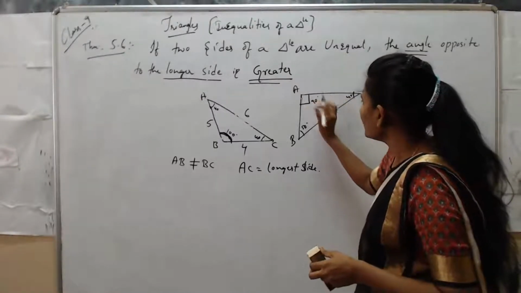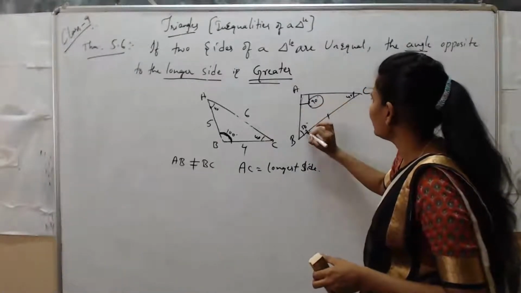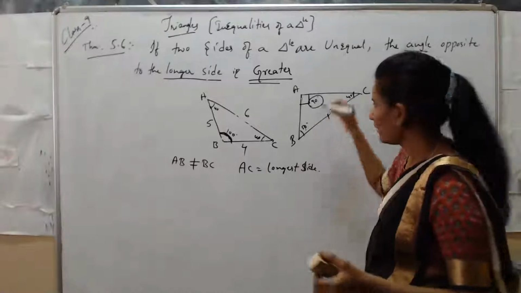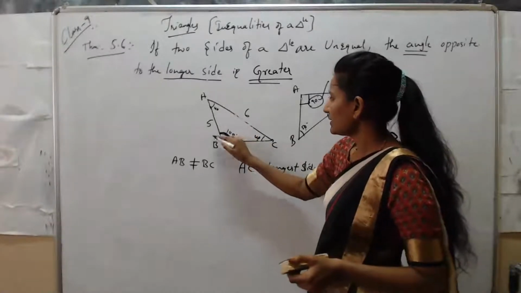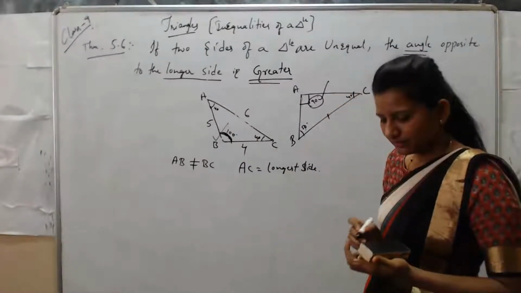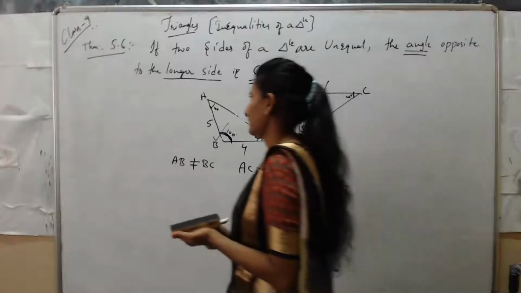The angle opposite to the longest side will be the greater angle. Here 50, 40, 90: which is the greatest one? 90 is the greatest one. Here 40, 40, 100: which is the greatest one? B is the greatest one. This is what theorem 5.6 says.